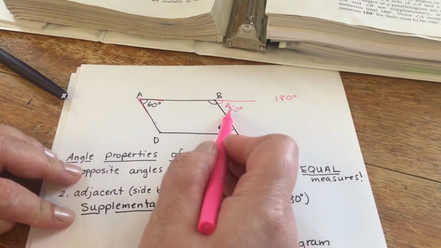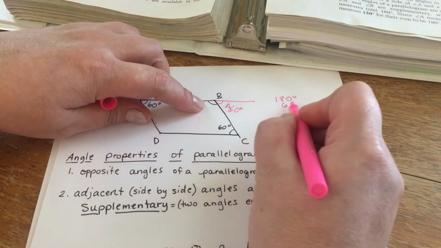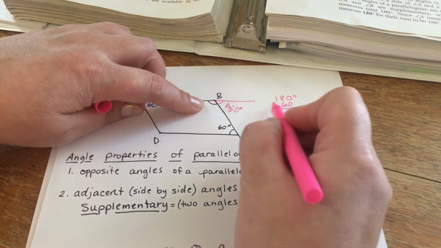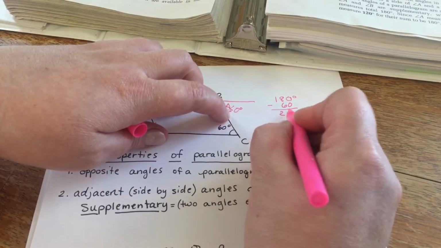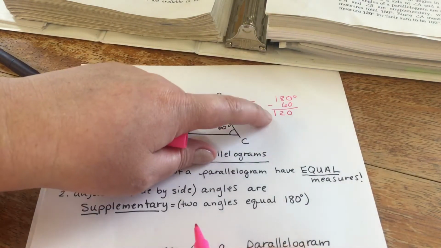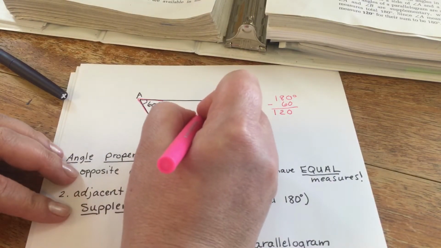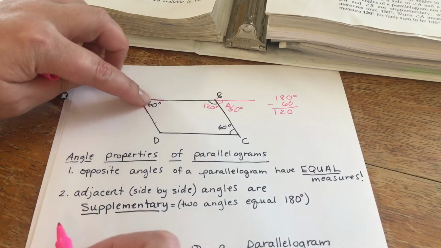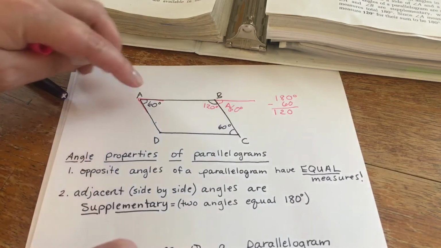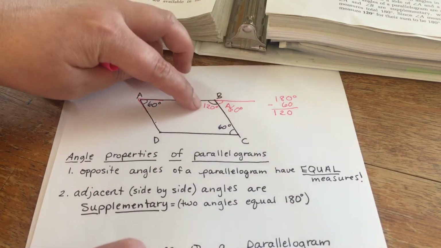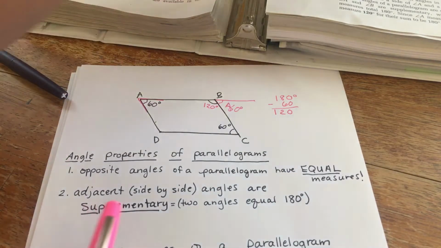I'm going to minus 60 from it to get the leftover so I'll know what angle B is. 8 minus 6 is 2, 0, bring down my 1. So it looks like I have 120 degrees left over when I take away my angle A. Do you see how I found that? I just subtracted, because I knew these two angles equaled 180, because that's what supplementary means. So I subtracted my 60 from my 180 and got 120. So what's the measure of angle B? 120 degrees.